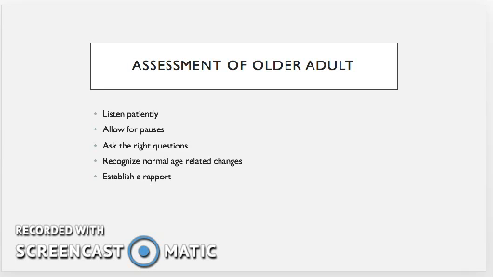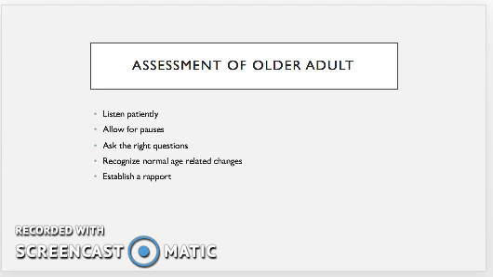Another thing to really pay close attention to is that one thing that's crucial for us in this course is to be able to recognize the difference between normal age-related changes and pathology. So table 7-1 on page 93 gives you a really good brief overview of age-related changes related to your assessment.